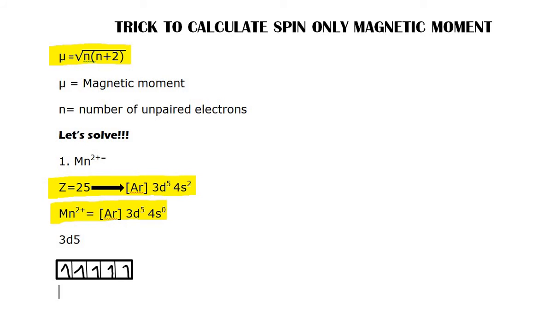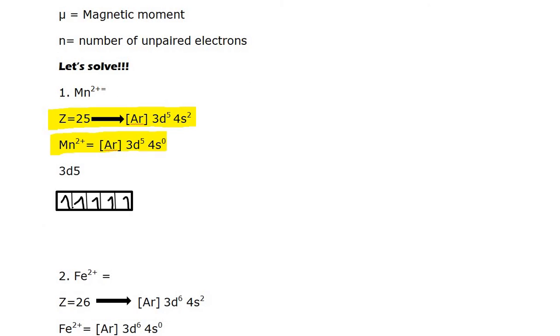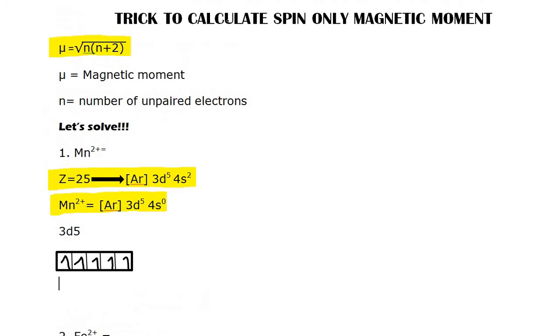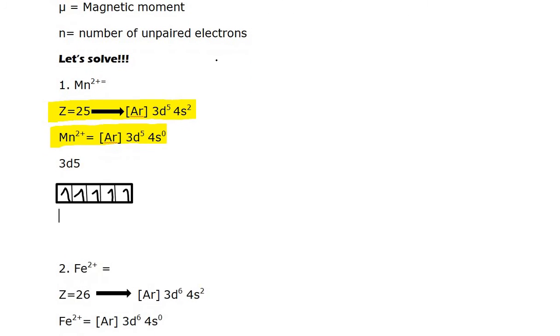Now we know that n stands for the number of unpaired electrons. Here how many unpaired electrons are there? 1, 2, 3, 4 and 5. So there are 5 unpaired electrons. Using the formula mu is equal to square root of n into n plus 2, n is equal to 5.